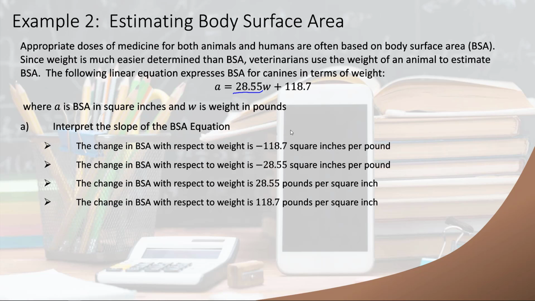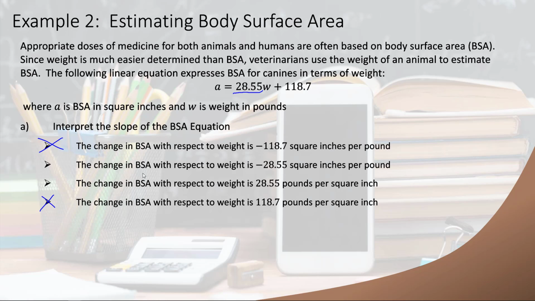Does that make sense? No, because if W goes up by 1, then A is going to go up by 28.55, and this says negative 118.7. This is the y-intercept. So any answer that has the y-intercept in here has to be wrong. So this is out, and this is out.